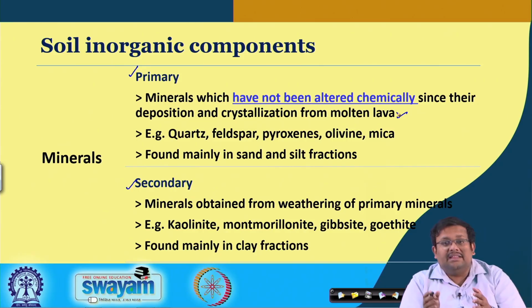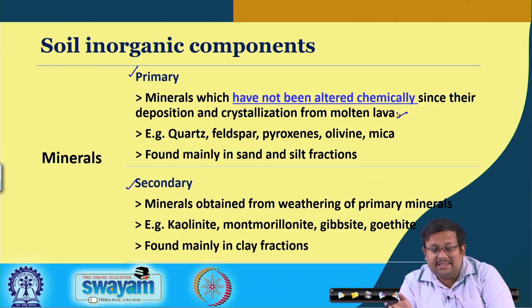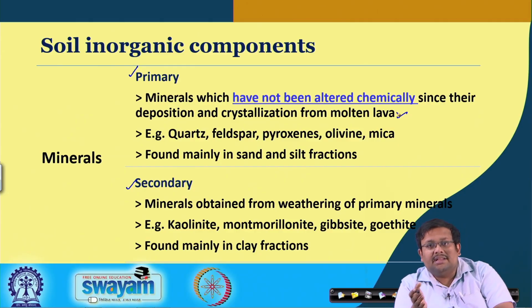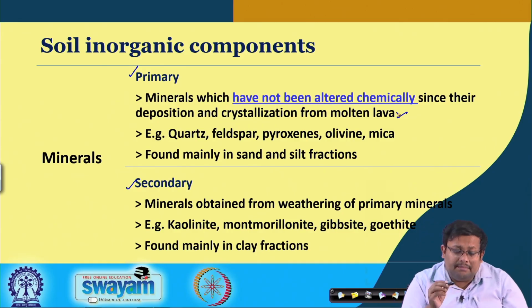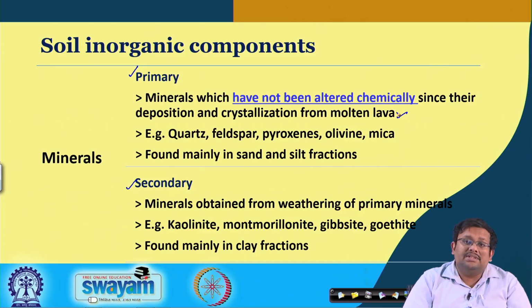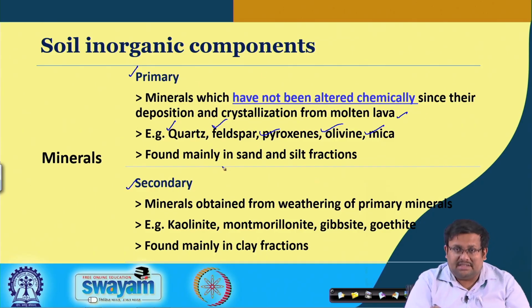When they do not change their chemical structure and retain their original chemical properties, then we call them primary minerals. For example, the most important primary minerals present in the earth crust are quartz, feldspars, pyroxenes, olivines, and micas.